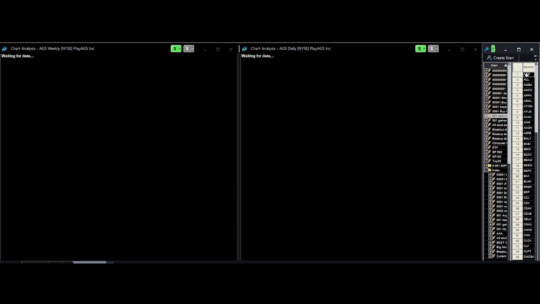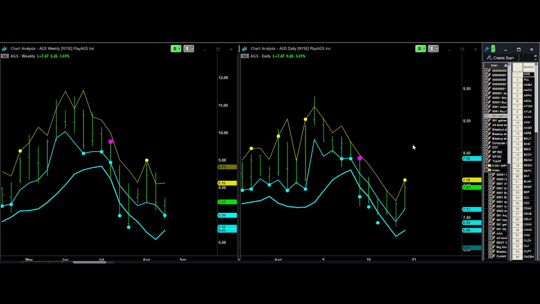So right now there's a generated list. Generally this list has stocks that have a much lower price. I will do some screening and share some tips with you. So this is the AGS.